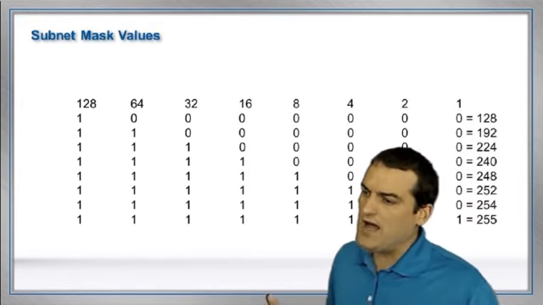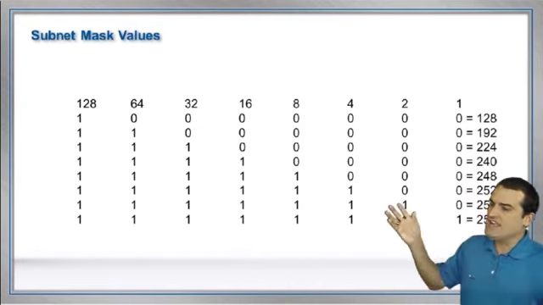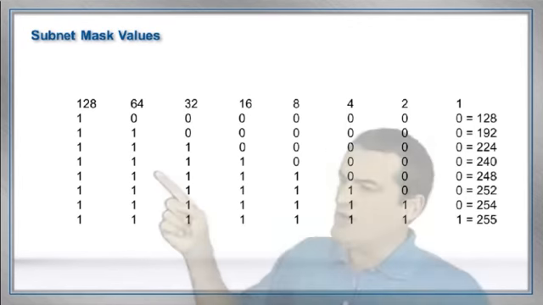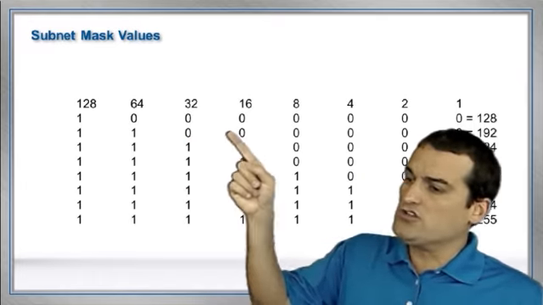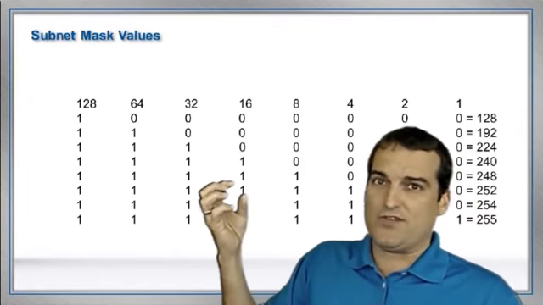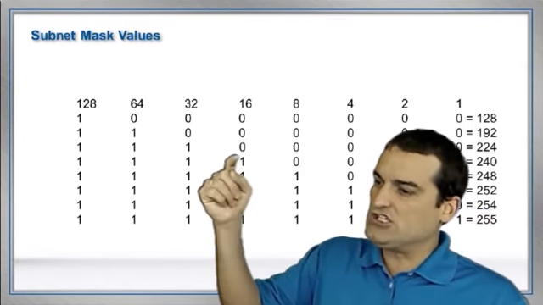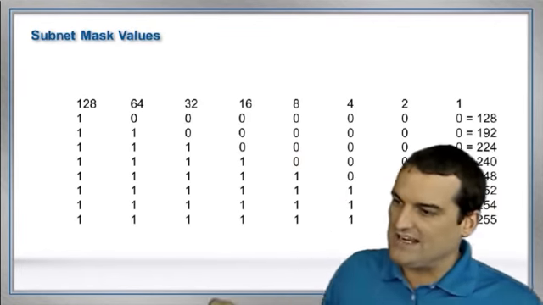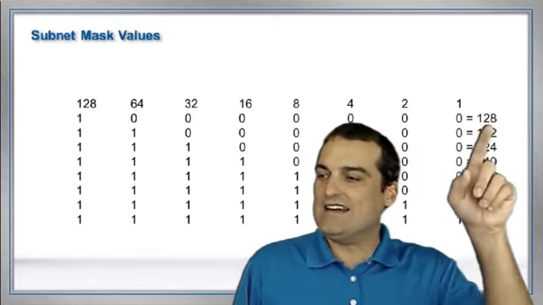What would be the possible values that we put in that fourth octet? Well, we always have to steal or borrow or use these bits in a continuous pattern. So we could steal 1 and have a 128 value in that fourth octet. We could steal 2 and get a 192. We could steal the first 3 and get a 224. You get the idea.